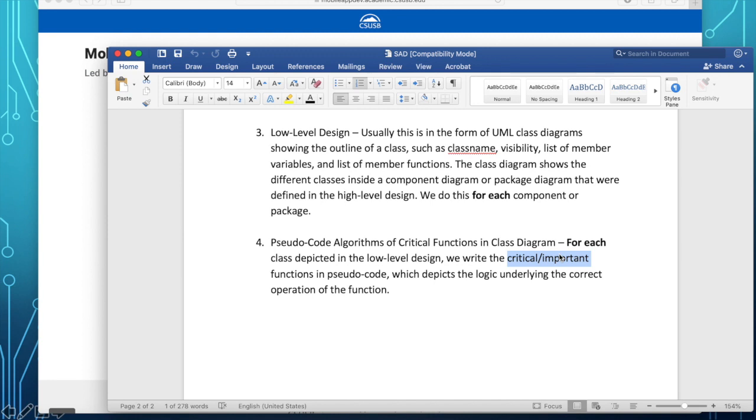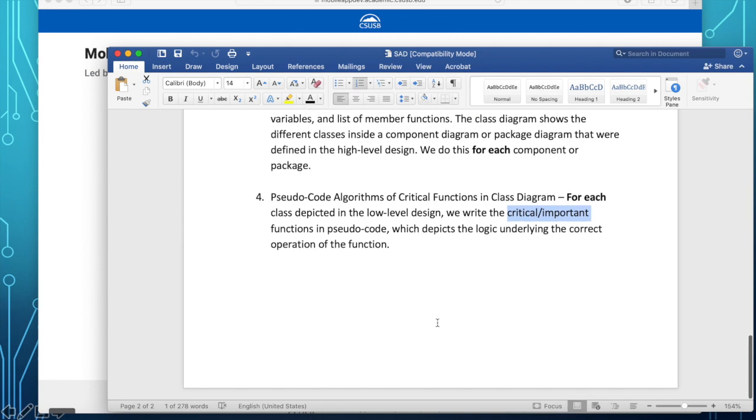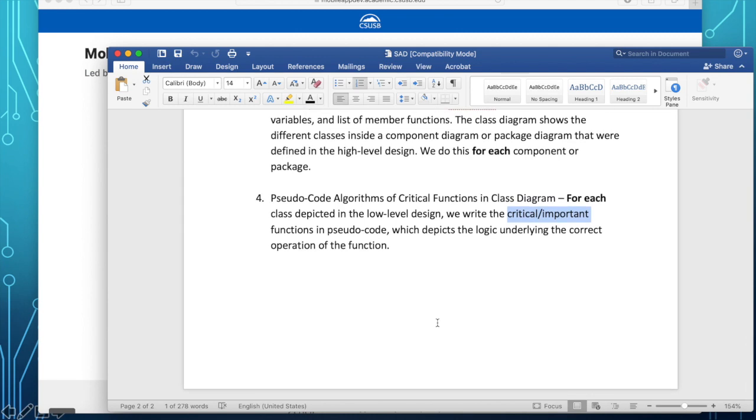You will detail the important functions that are inside the class, and you use pseudocode in depicting the logic behind the function that you have identified.